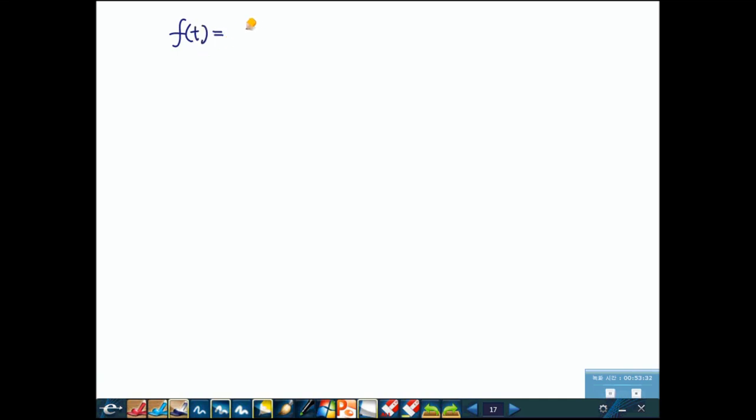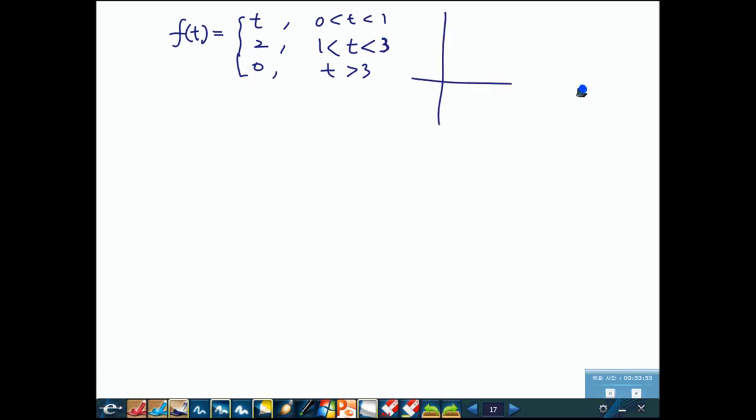What about this? The function is given: f(t) is t, 2, and 0. So f(t) is t for t between 0 and 1, 2 between 1 and 3, and 0 for t greater than 3. Wow. Okay, if you draw that function, that is 1, 2, and 3, right?